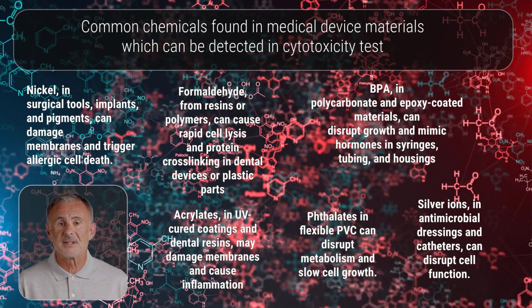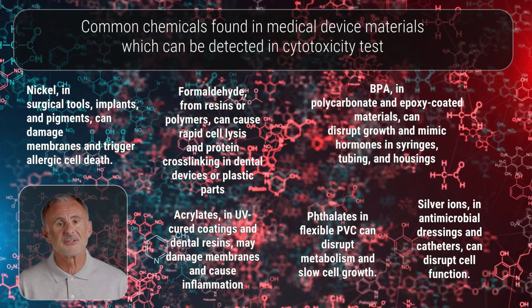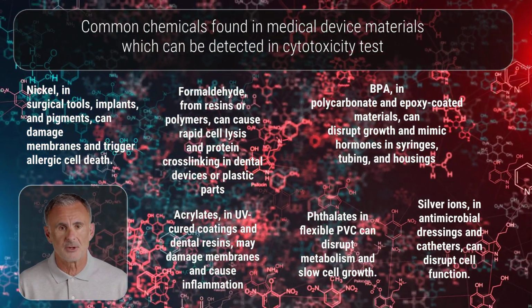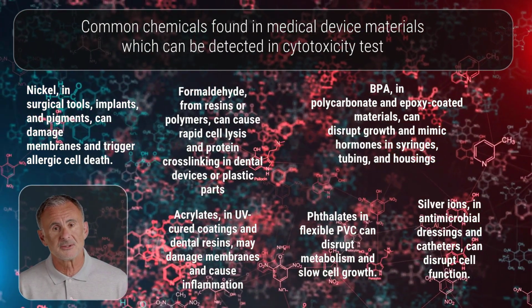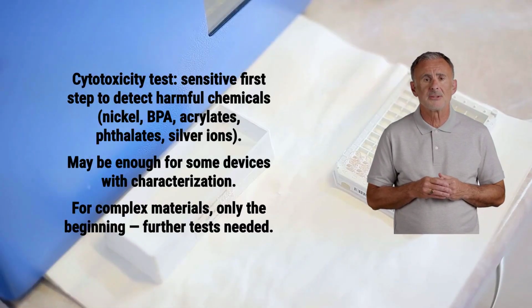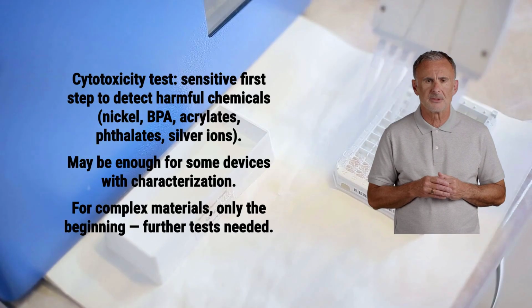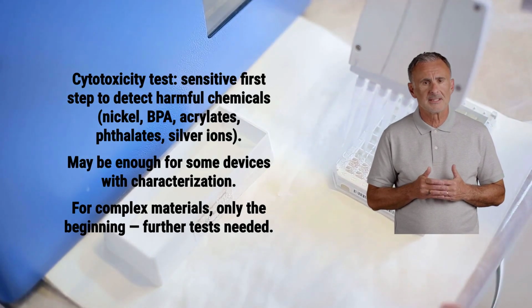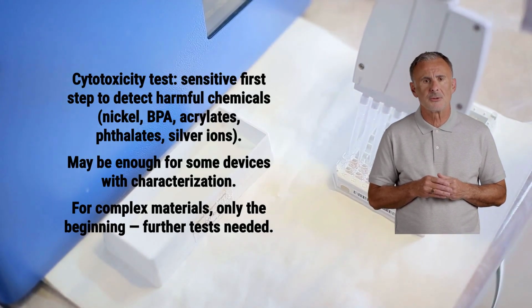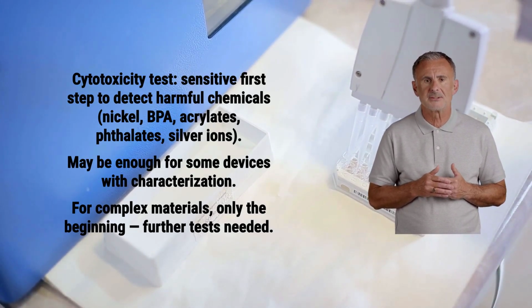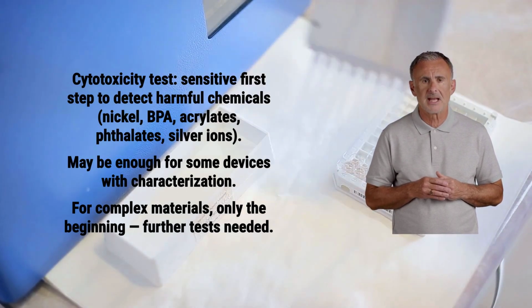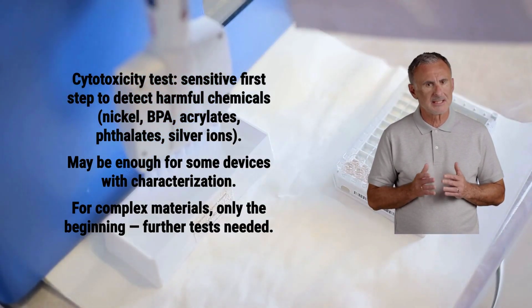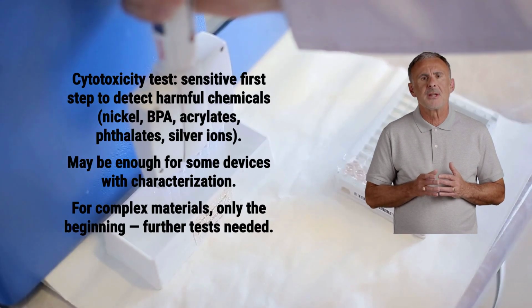These findings help identify potential hazards early, but their real-world impact depends on how the material is used in the body. As you saw, the cytotoxicity test is a sensitive first step, allowing early detection of harmful chemicals such as nickel, BPA, acrylates, phthalates, or silver ions in a medical device or its extracts, ensuring only safe materials move forward in development.